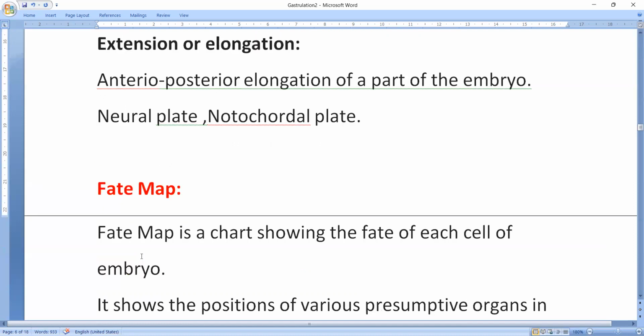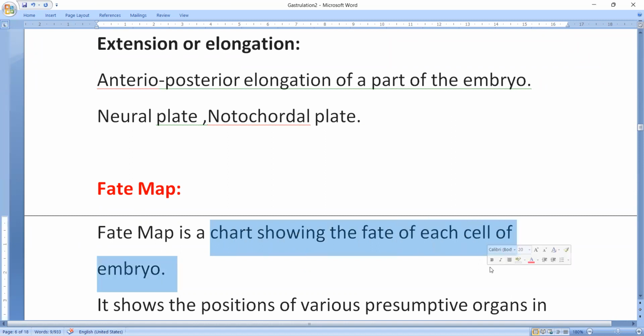Okay, so then fate map. Fate map is a chart showing the fate of each cell of embryo.